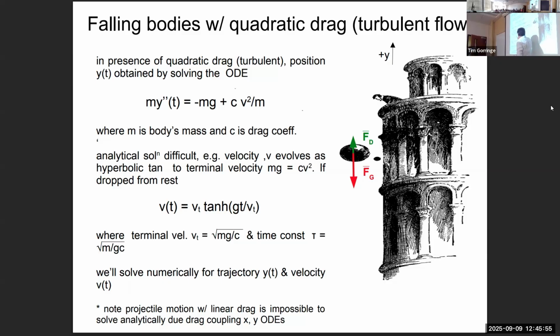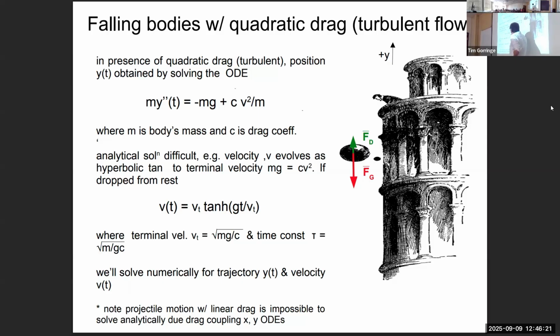This is just the solution for the velocity, where we've imagined dropping the golf ball towards the ground. In this solution, Vt is again the terminal velocity. That's the velocity the golf ball will reach if dropped from Patterson Office Tower or whatever.